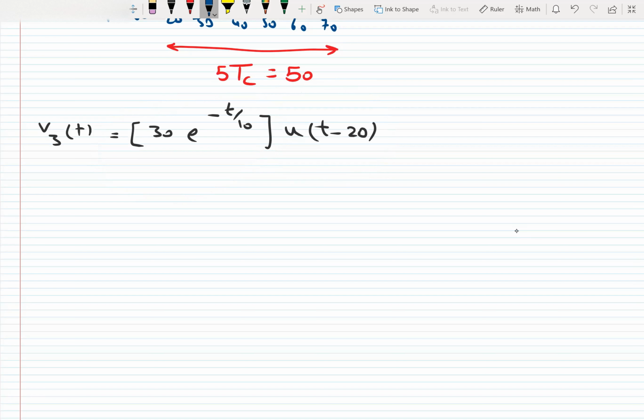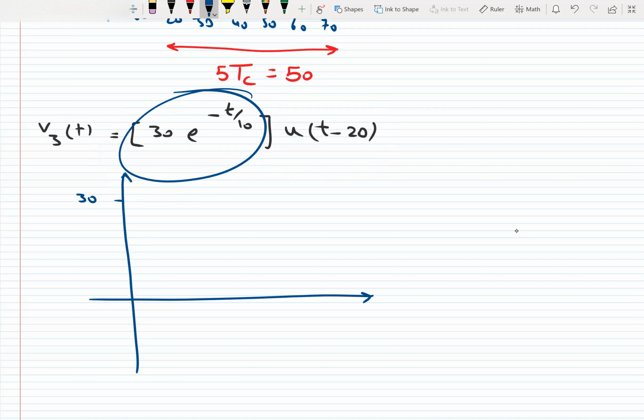As I said, the signal is here. It starts from 0, because as I mentioned, the exponential function has no time shift. So we will have 10, 20, 30, 40, 50, 60.